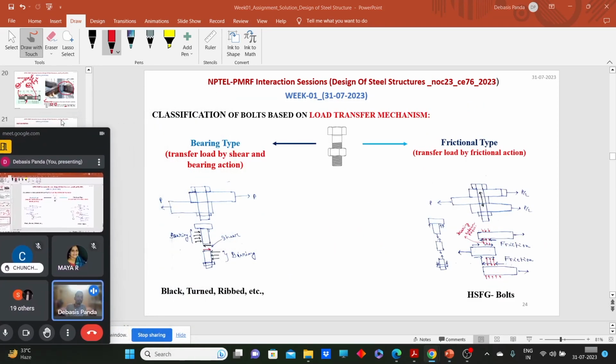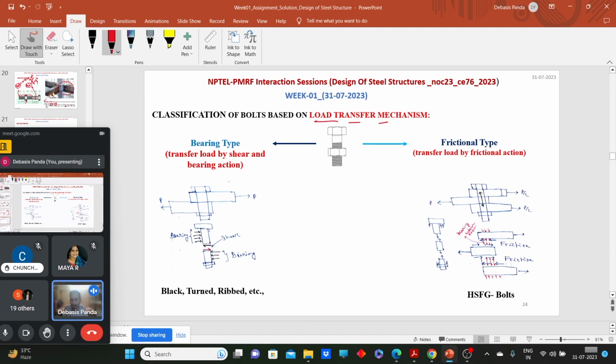So let's try to categorize the bolts based on the load transfer mechanism. Based on material, sizes, or shapes, there can be different categorizations. But with respect to the design engineer, we need to categorize the bolts based on the load transfer mechanism. Very important thing, so please pay attention to this part.